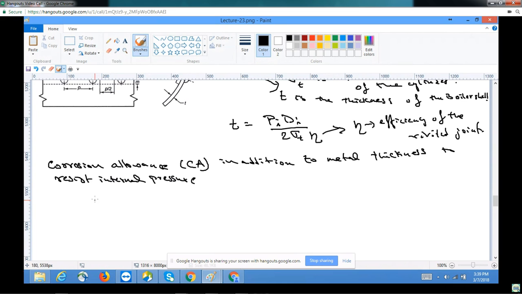So that is given as t equals pi di over 2 sigma t with efficiency, plus CA.